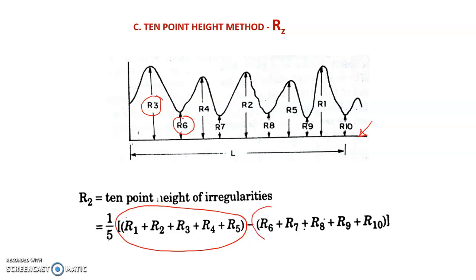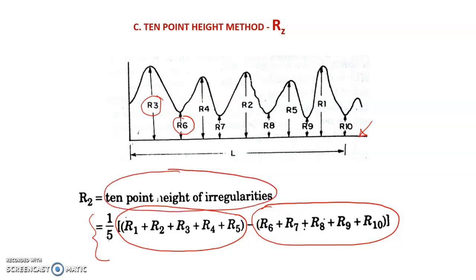And we also choose the lowest valleys, that is the smallest distances, recorded as R6, R7 up to R10. Then using this equation we find the 10-point height of irregularities, or the RZ value of the roughness.